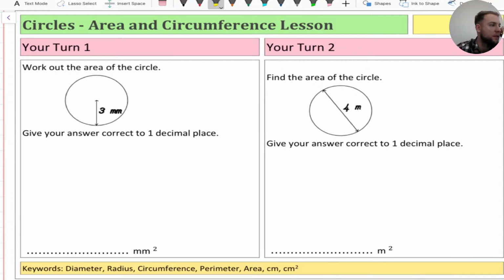It says here, doesn't it, 1 decimal place. Brilliant.